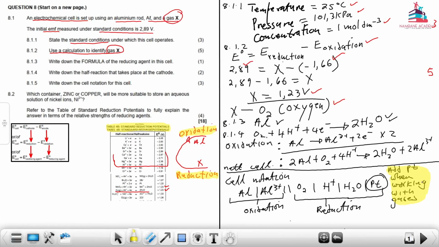So once you have a gas, you must have your Pt at the end.